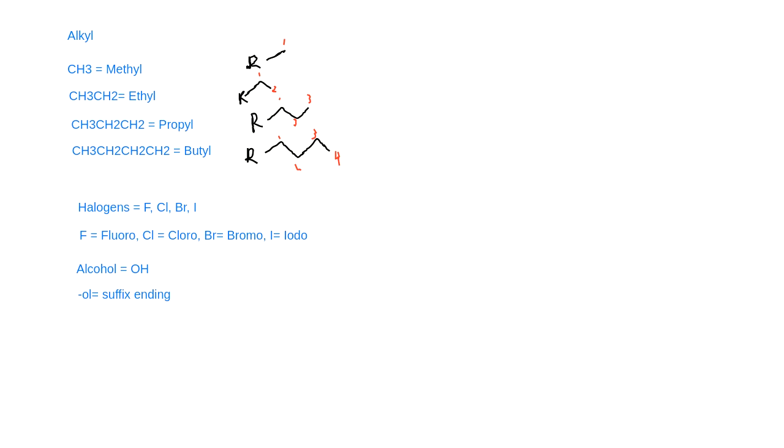Okay, so next I'm going to talk about iso, which means isolated. Sec means secondary. And lastly, tert, or T, equals tertiary. And this only applies to propyl and butyl.